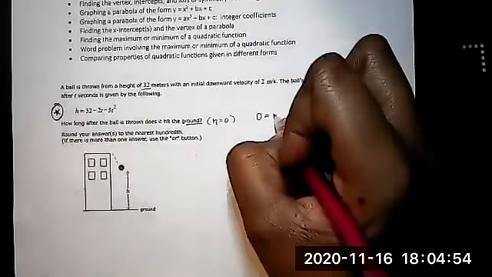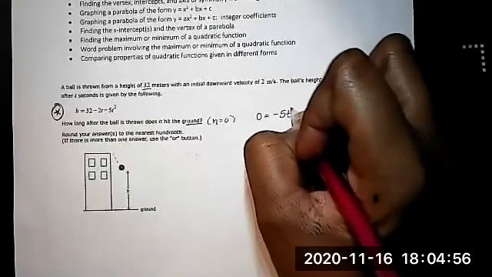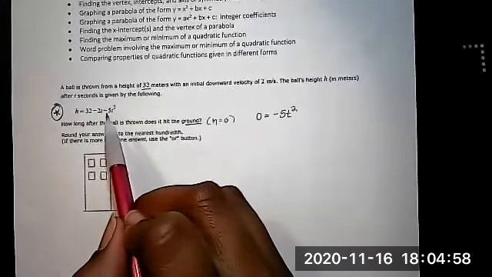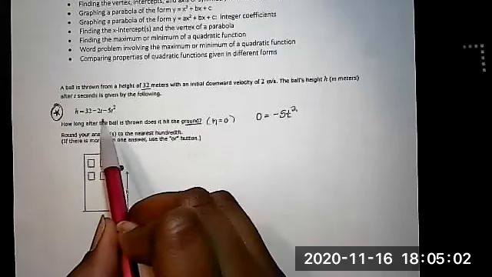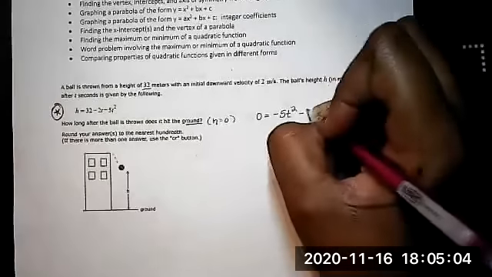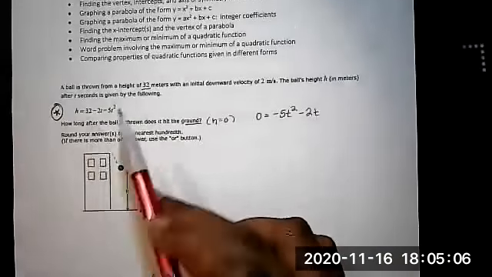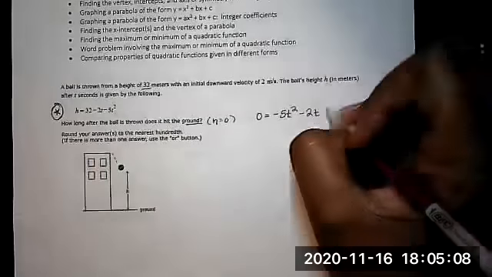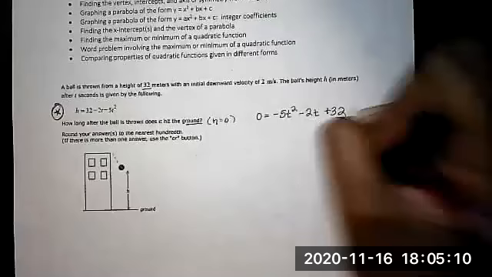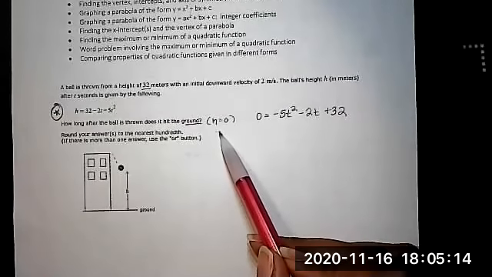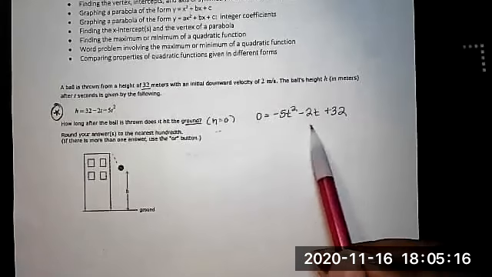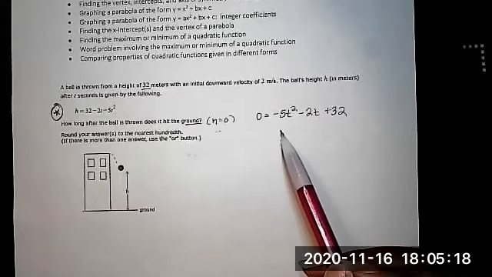So I move it with it: negative 5t squared, then negative 2t, and then 32 is positive, so positive 32. And of course it's equal to 0, because when it hits the ground, the height is 0. So this is my equation.